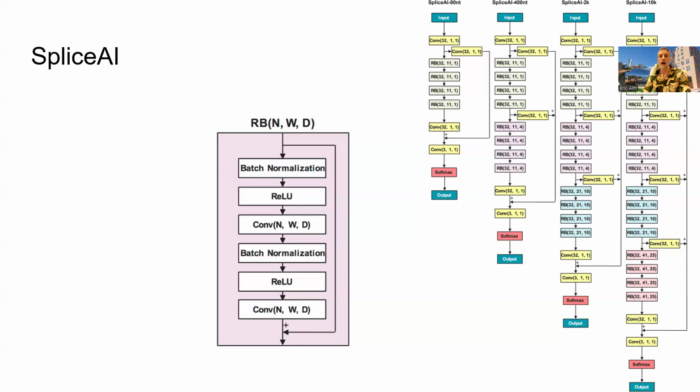Okay. These convolutional layers come one after another, and within this unit there's something called batch normalization, ReLU, convolution, stacked on top of each other. When we talked about transformers, we talked about layer norm.